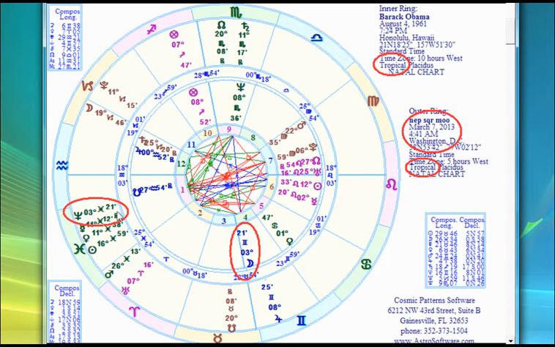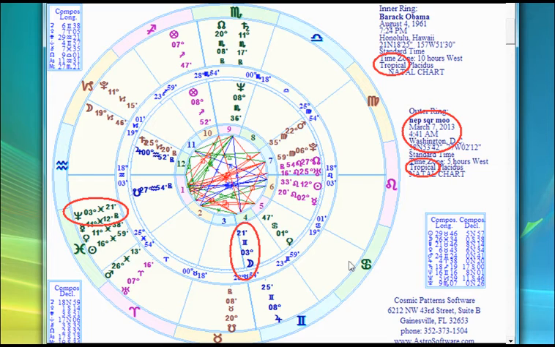Neptune will be at 3 degrees 21 minutes of Pisces on that date, and Barack Obama's moon is at 3 degrees 21 minutes of Gemini, so it's exactly square. All right, so at that time in the morning of March 7, 2013, Neptune is exactly square the moon, and we would interpret that and say, he could have some disillusionment in his home, he's feeling spacey, whatever.